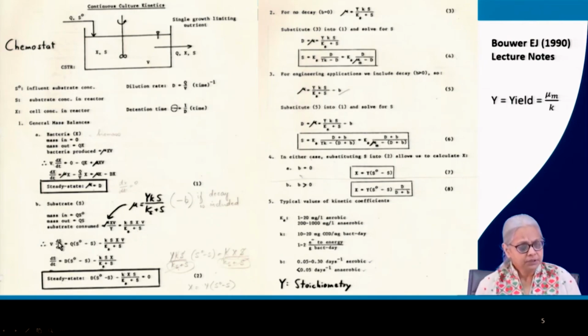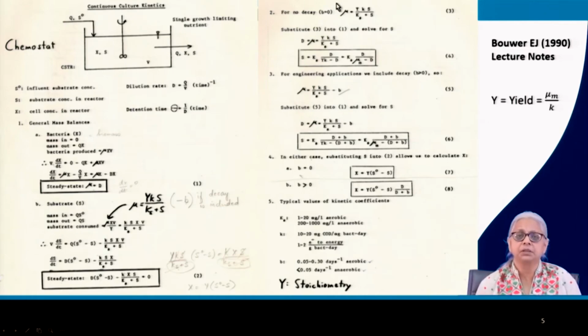So V times ds by dt is equal to Q times S0 minus S minus this entire term. And again, at steady state, we say ds by dt is equal to 0, and you get the final form: D times S0 minus S is equal to k times X times S divided by capital Ks plus S. Okay, that's equal to 0.